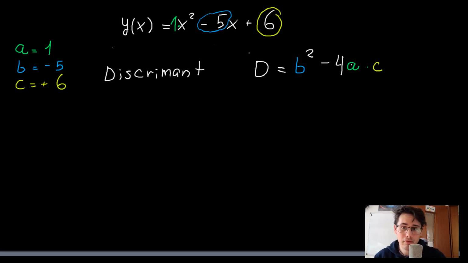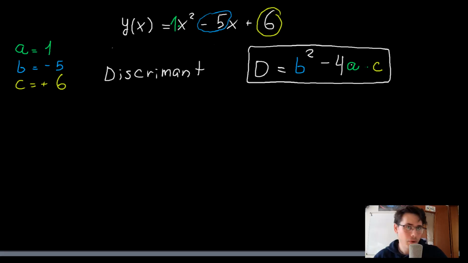All we're doing is plugging in numbers. We know that even from primary school, how to plug in numbers. So let's plug in our numbers and calculate the discriminant, and I'll explain why it's useful.